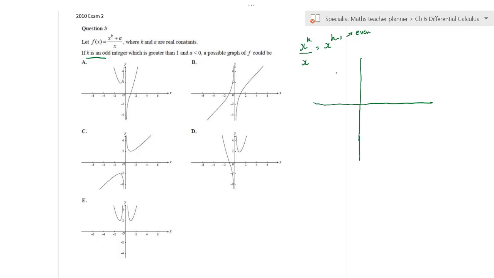So let's just say it's a quadratic function, which goes something like this. Now, also, if we have a on x, but a is less than 0, it means that we're going to have a graph which looks something like this.